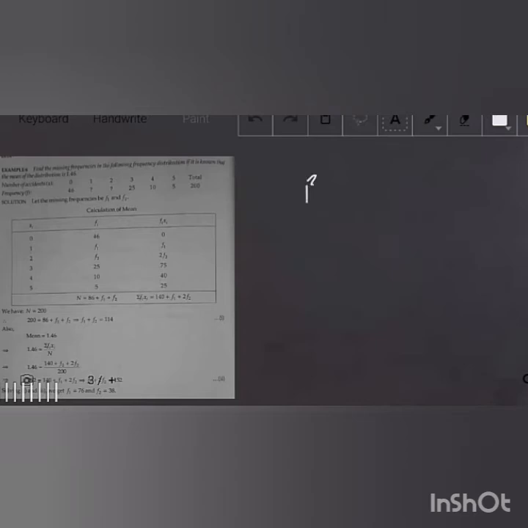But in the question it is given that the sum of all frequencies is 200, that is, sigma of fi is given as 200. But from the table we got sigma of fi as 86 plus f1 plus f2.